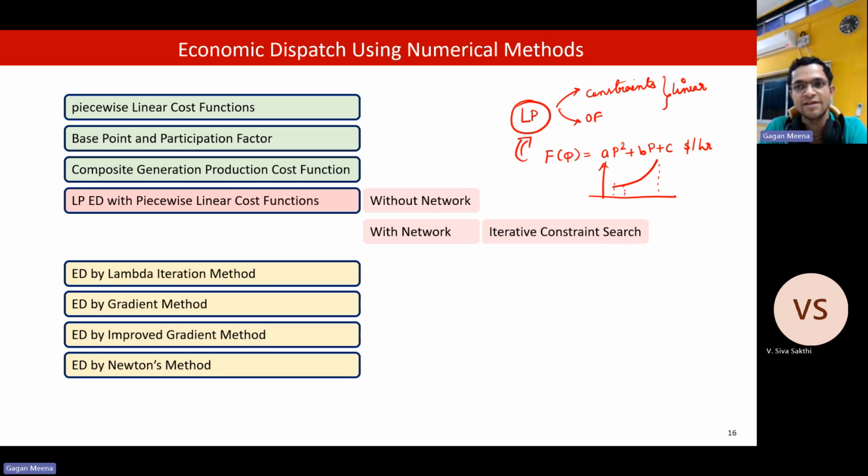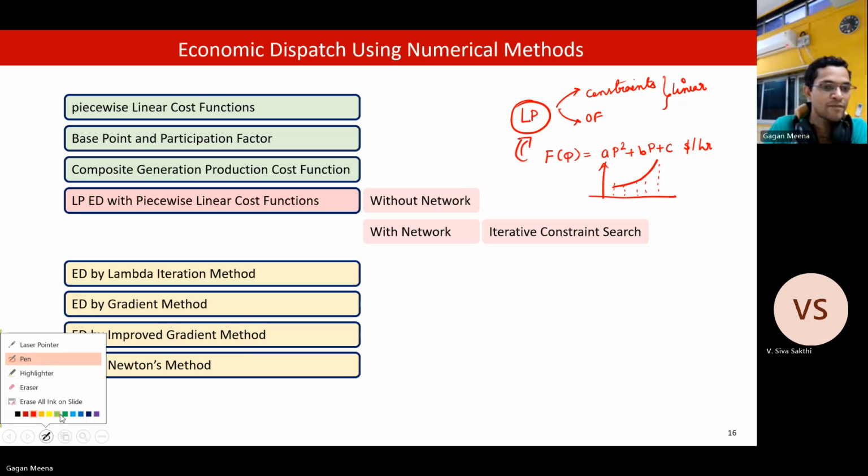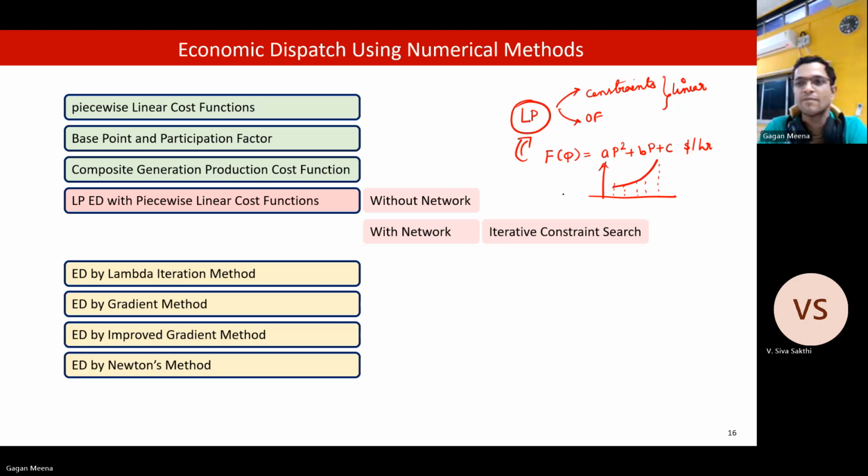We can take different steps and increase the steps, and let's say I take only 2 steps. Let me draw it again.